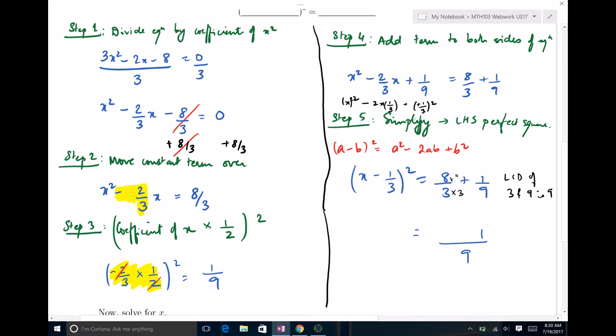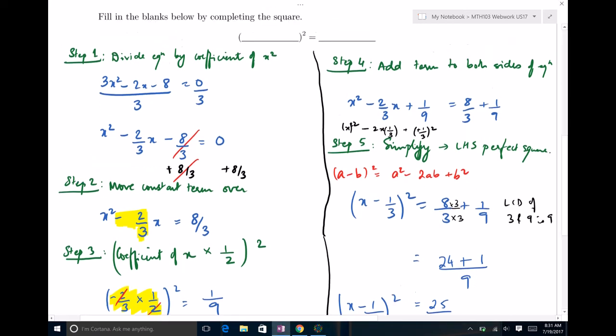But if I multiply the denominator by 3, I also need to multiply the numerator by 3. So 8 times 3 is 24, plus 1 over 9. That gives me 25 over 9. So I have x minus 1 over 3, the whole squared, is 25 over 9.